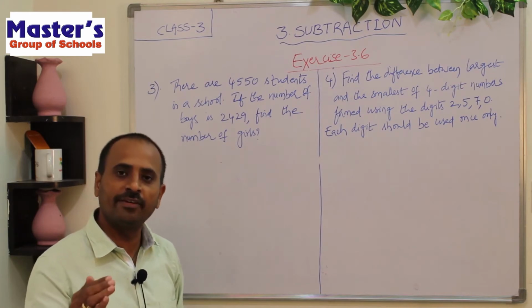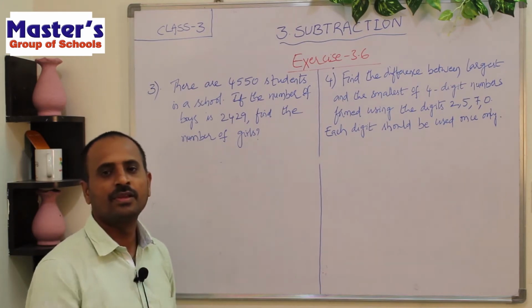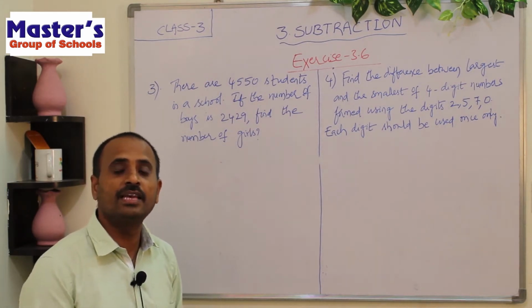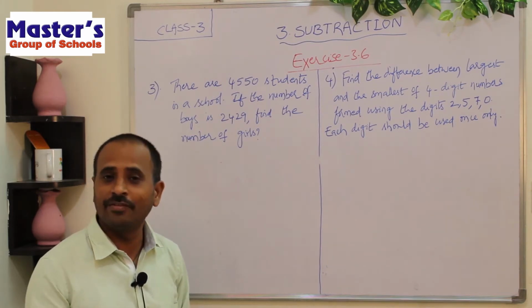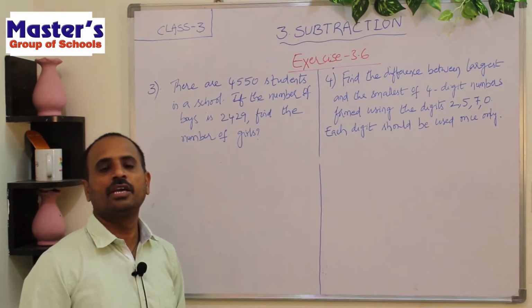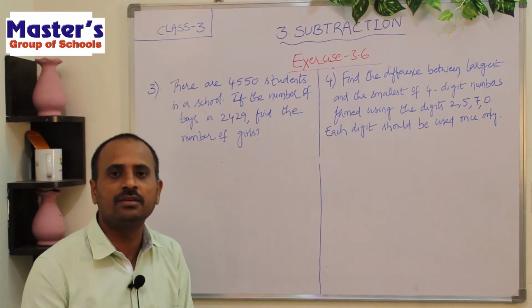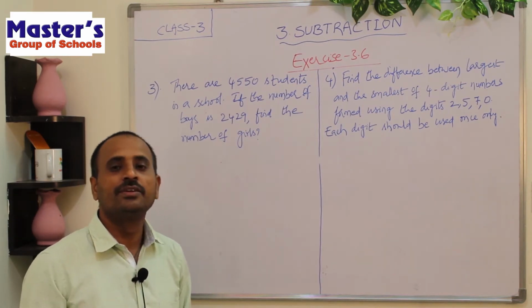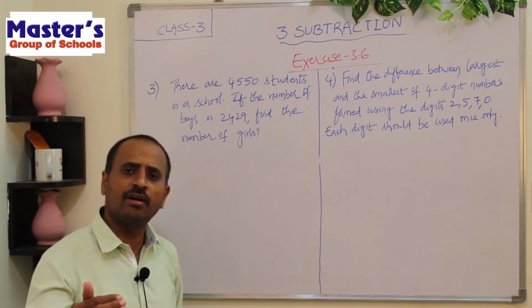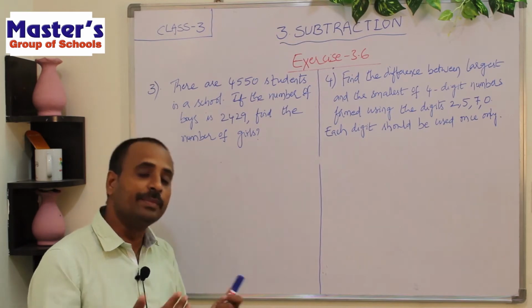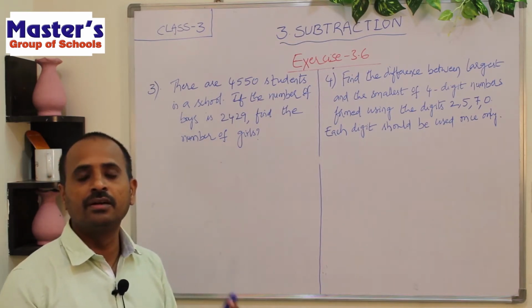If you take away the boys among all the students, then there will be girls. Take away means subtraction. If you take away all the boys, then who will be there? There will be girls in that school.